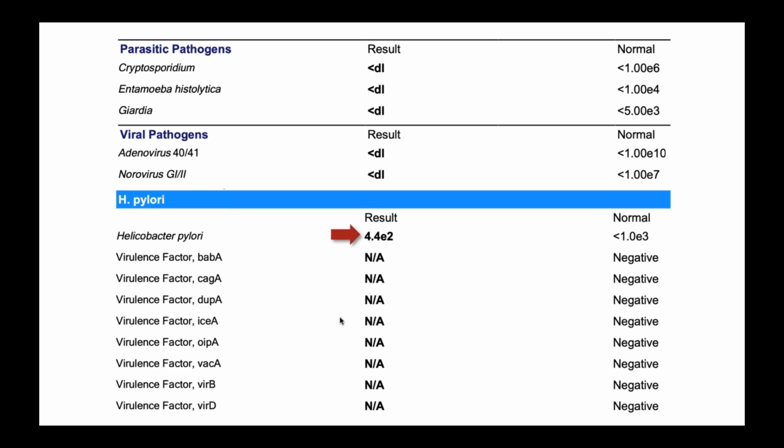Just a note here, so we do have the cutoff of 1.0 E3 as sort of the official cutoff for considering H. pylori to be at a high level. But we do sometimes see that patients may be symptomatic from H. pylori when it's only at the E2 level. And that's really where clinical judgment plays a big role because it is a bit of a gray area.